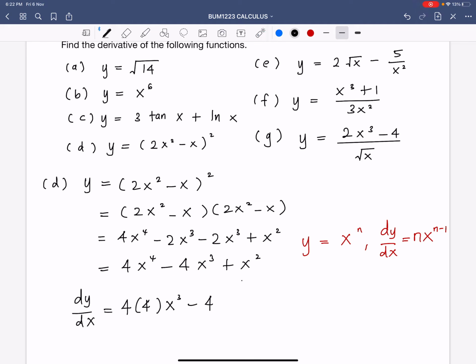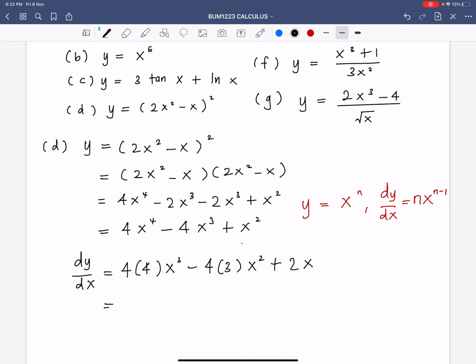And then since this is x power of 3, which is also in the form of x power of n, where n is equal to 3, you substitute 3 here. So times 3, x power of 3 minus 1 is 2. And then we have plus x squared, which is also x power of n, where n is equal to 2. So we have plus 2 times x.